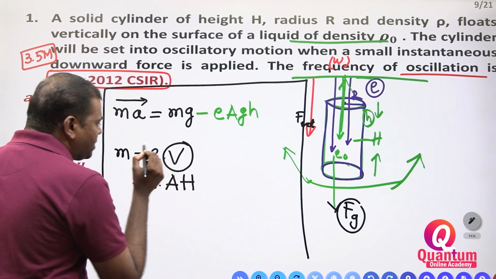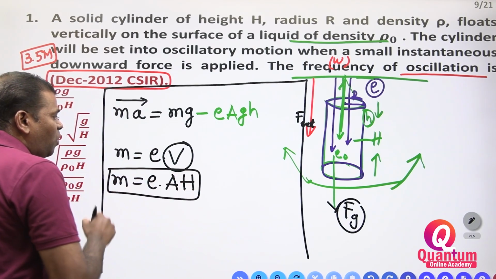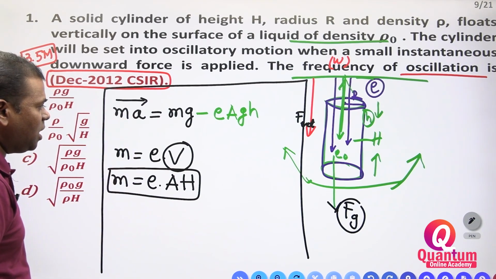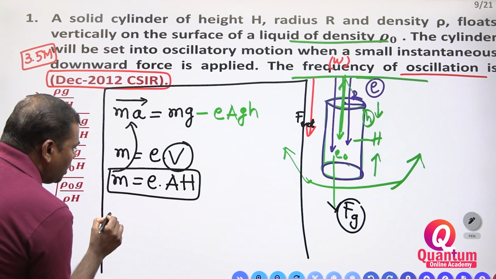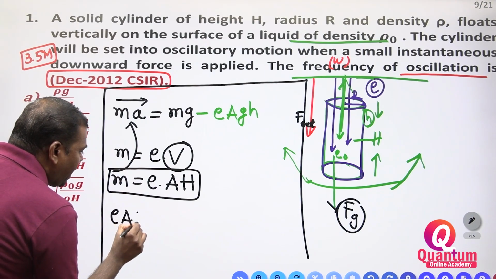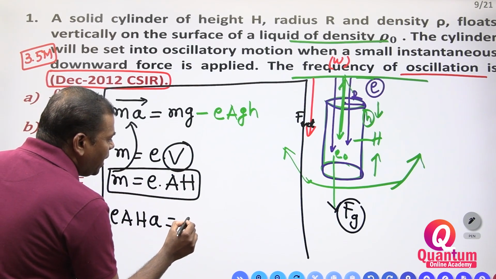So m is equal to rho A h. From this you have to substitute this value rho A h into a.